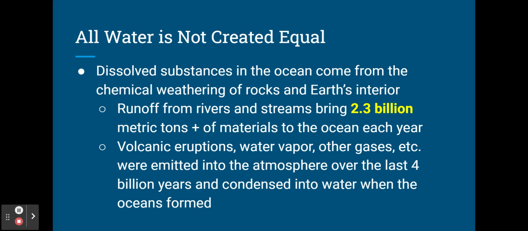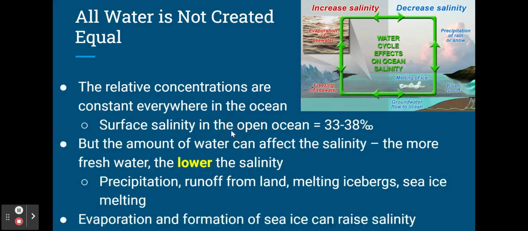Runoff from rivers and streams brings about 2.3 billion metric tons or more of materials to the ocean each year. Volcanic eruptions, water vapor, and other gases emitted into the atmosphere over the last 4 billion years were then condensed into water when the oceans formed. That's how some of that stuff got into our oceans.